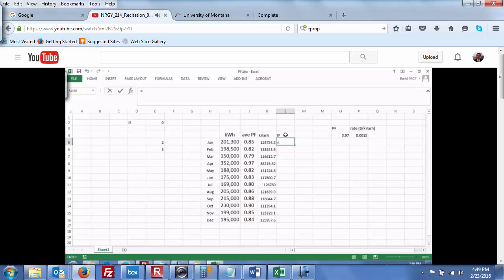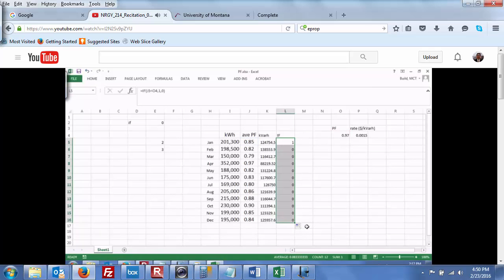So equals if that is less than that, then I get charged. If not, I don't get charged. I just made it really simple for us. It's just going to be a 1 or a 0.